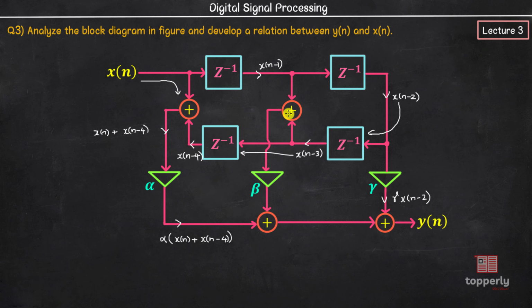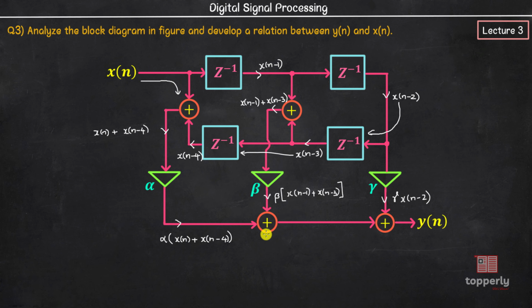Now in similar fashion, the output of this adder circuit will be x of n minus 1 plus x of n minus 3, and this is passed on to a multiplier with scalar beta. So the output here is beta times x of n minus 1 plus x of n minus 3.